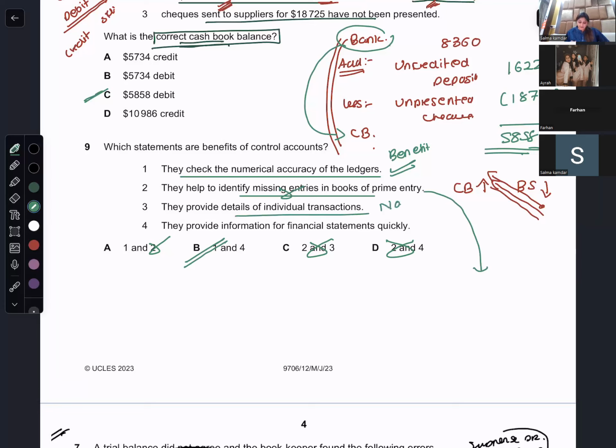No. So the two benefits of control account, please write as notes for your theory. They provide information for financial statements quickly, and they check the numerical accuracy of the ledgers. Write it in your notes and learn it. So it's 1 and 4.